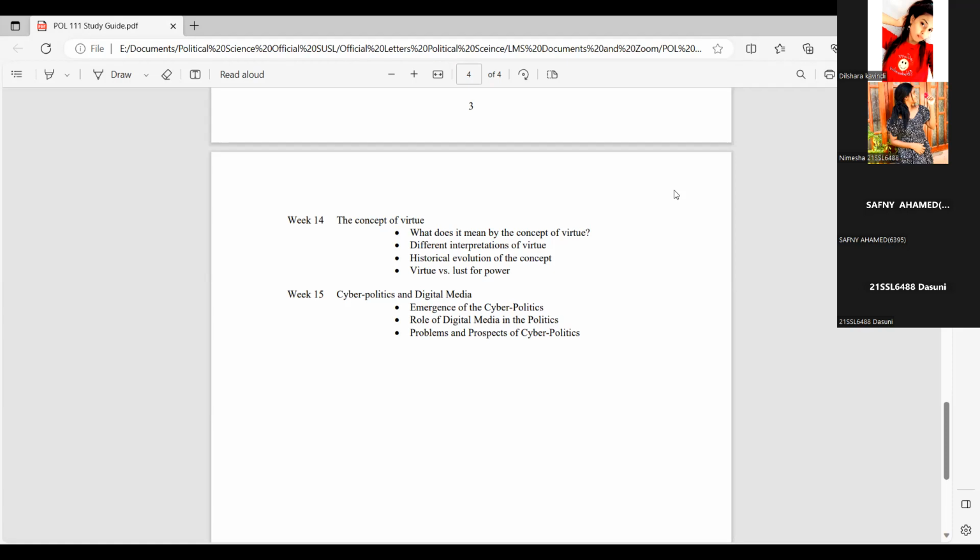Because they perceived the concept of virtue in their life. Then they practiced it in their public life, right? So then we will talk about the difference between virtue versus lust for power or game for power, right?